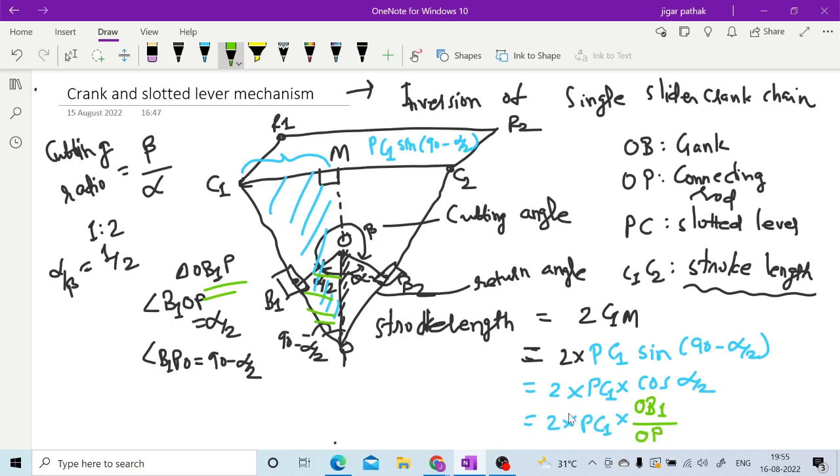So if you now observe the stroke length, it can be expressed from the different link lengths. Let us see in terms of those link lengths how you can write that.